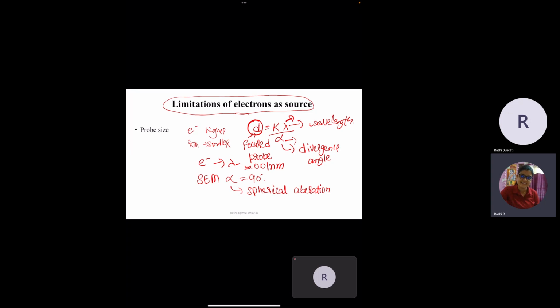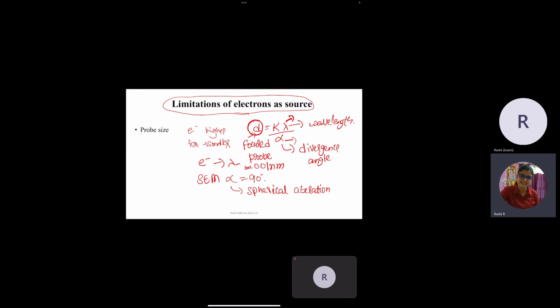Chromatic aberration, spherical aberration, and diffraction aberration. These three types of aberration vary as we change lambda and alpha.